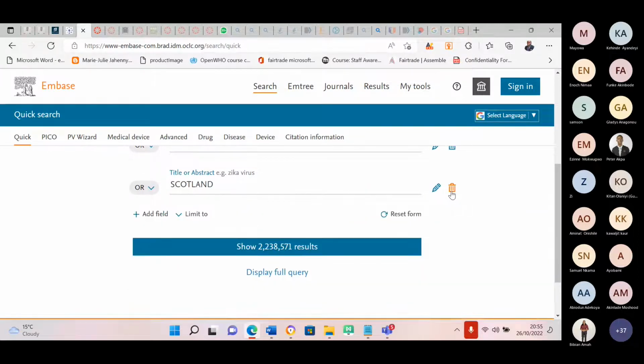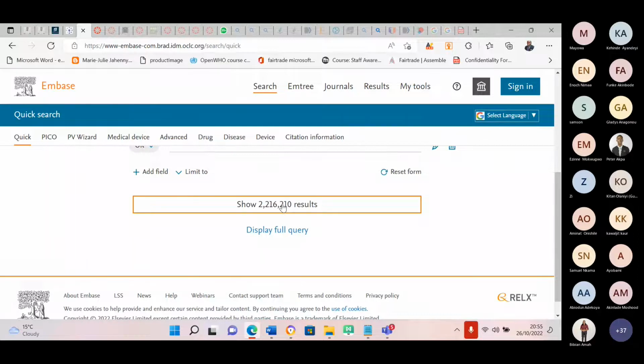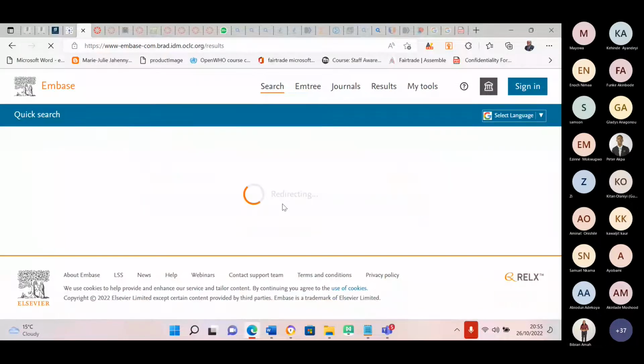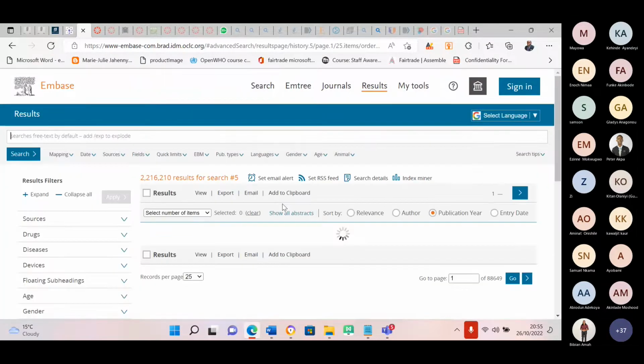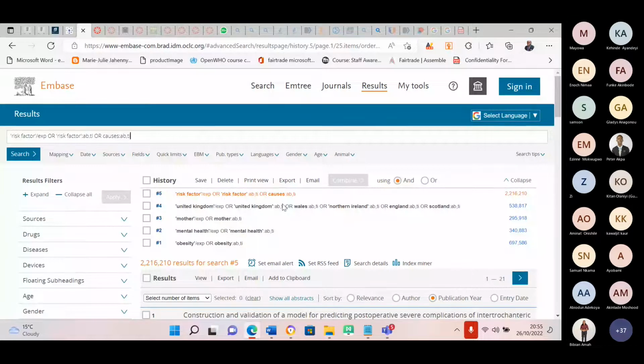So let's go, and then I have like 2 million results. So I'm done with using my OR to expand my search. Now this time around, I need to combine all of them. Remember, I said AND your search. That means the search engine will pick all the articles that have all of the terms.